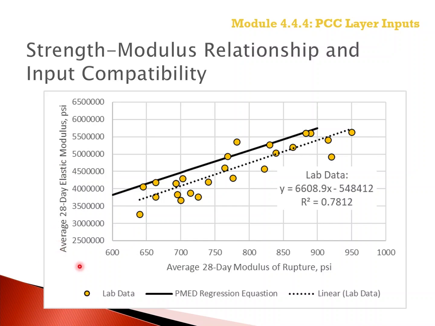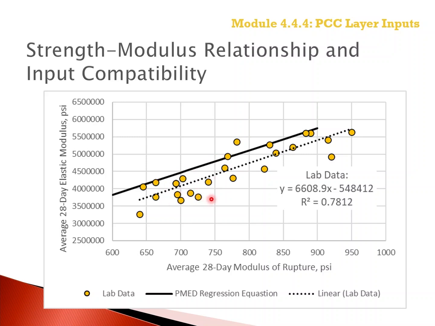The data points displayed in the graph are actual values measured in the laboratory for a range of PCC mixtures used by an agency. As displayed, there is a consistent difference or bias between the regression equation and the actual laboratory measured value.